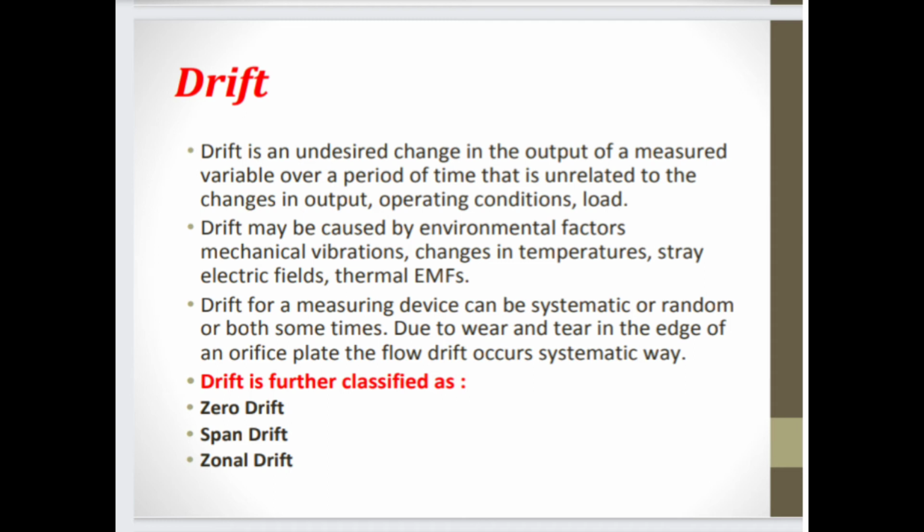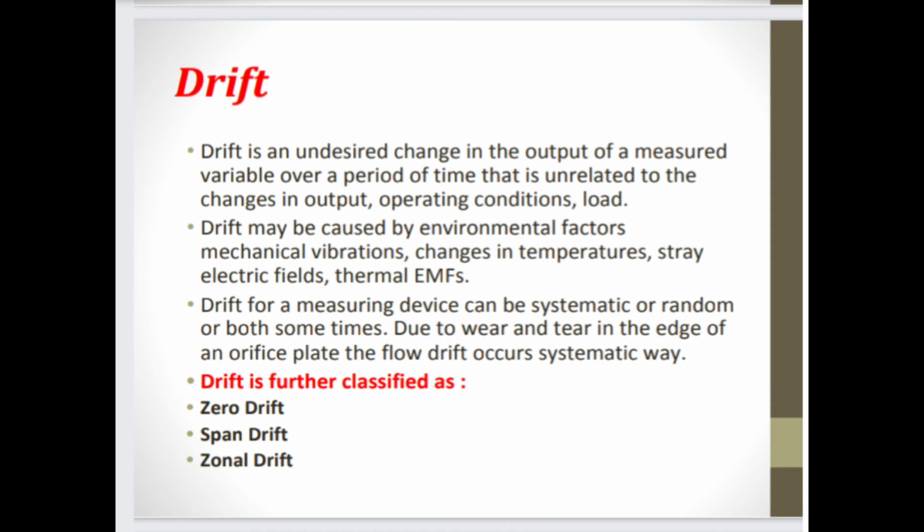Third point: drift for a measuring device can be systematic or random, or sometimes both. Due to wear and tear on the edge of an orifice plate, flow drift occurs in a systematic way. Drift is further classified as zero drift, span drift and zonal drift.